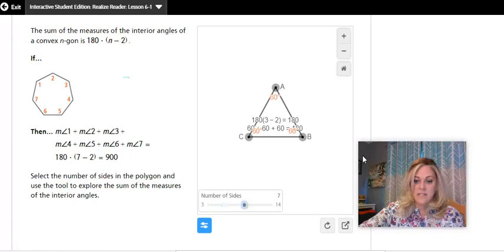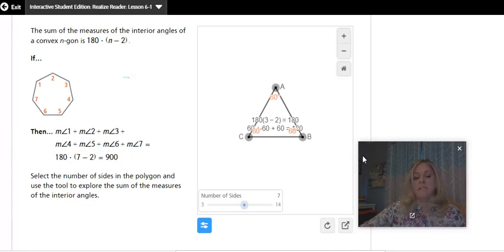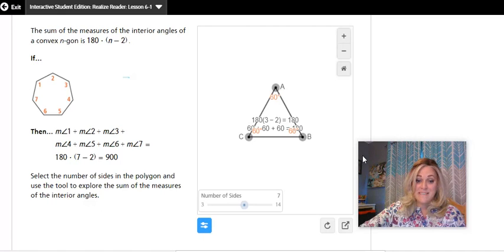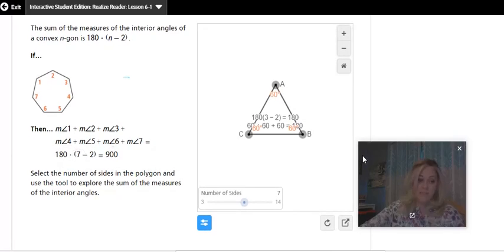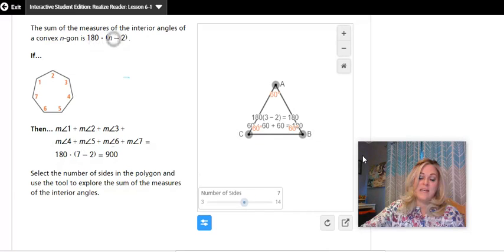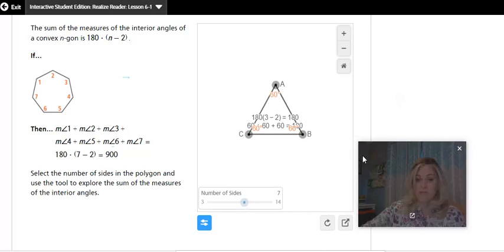Oh, see, it's not working today. This is supposed to change, but basically as we increase the number of sides, this formula still works. 180 times n minus 2, in this picture, n is 7. The next one hopefully will work, but 180 times n minus 2, the number of triangles formed.